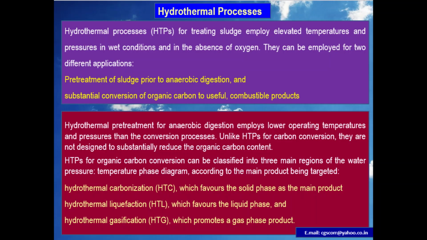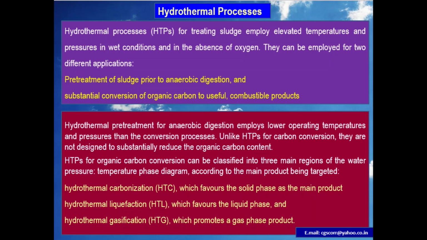Hydrothermal processes. Hydrothermal processes, shortly called HTPs, for treating sludge employ elevated temperatures and pressures in wet conditions and in the absence of oxygen. They can be employed for two different applications.